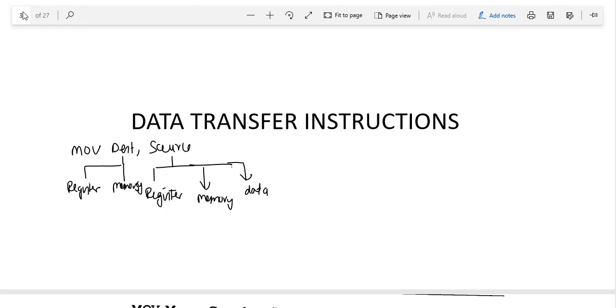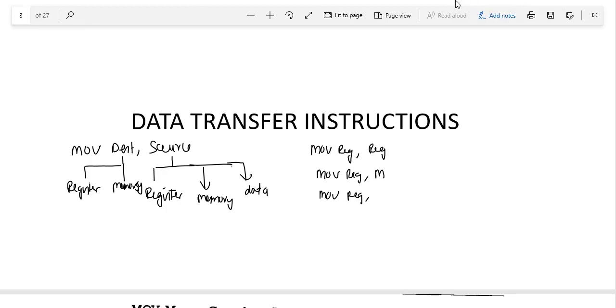So based on this, we have the following instructions in the case of move. The instruction will be move if the destination is register. If the destination is register, the source can be register, source can be memory, or source can be immediate data.